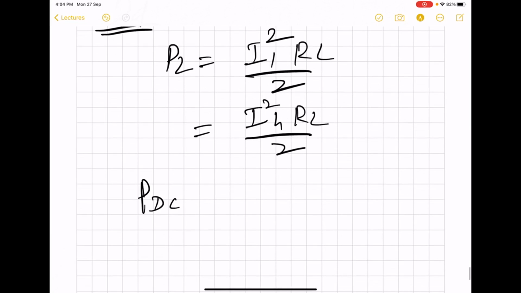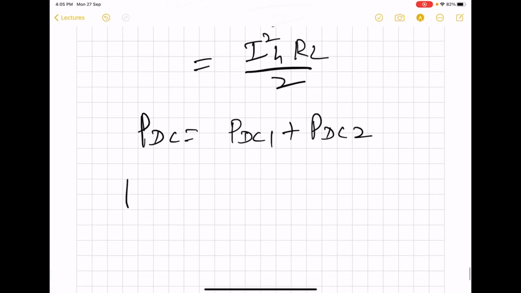And PDC is PDC for MOS 1 and PDC for MOS 2.